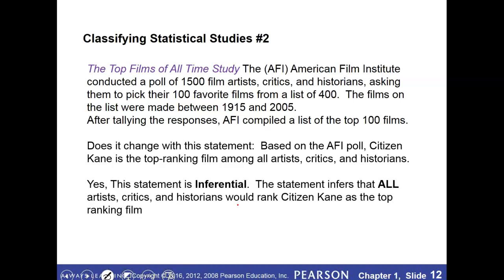Well, now it's not descriptive, it's inferential, because they didn't ask all artists, critics, and historians. They had to have asked just a sample, and that sample was only 1,500 of them. And they made an inference that the entire population of all artists, critics, and historians thought the same way that the sample did. And that may or may not be the case.